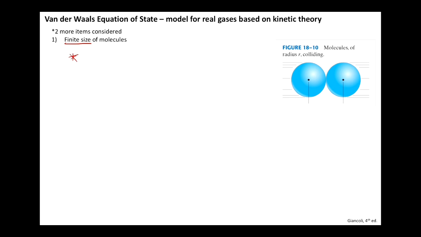We're going to define the unavailable volume per mole as a certain value B, which is going to be based on whatever gas that we're using. Hold on to that constant. We'll talk about it more after we get to the end of the next slide. The unavailable volume, whatever that may happen to be, we have really no idea what it is.